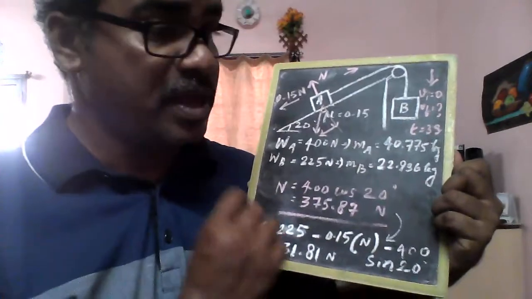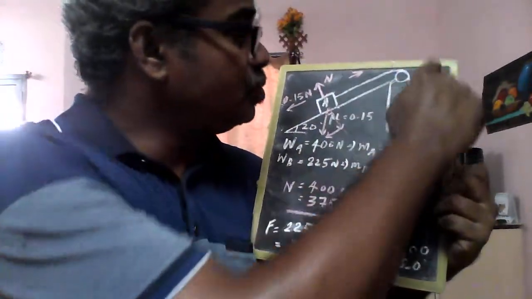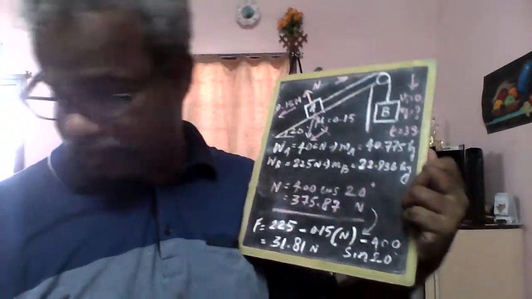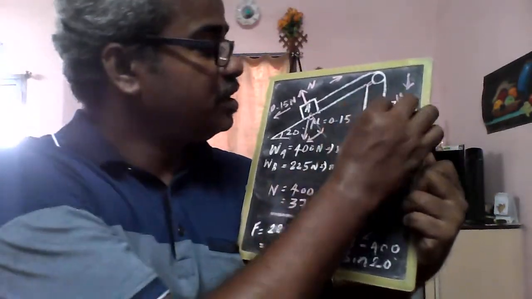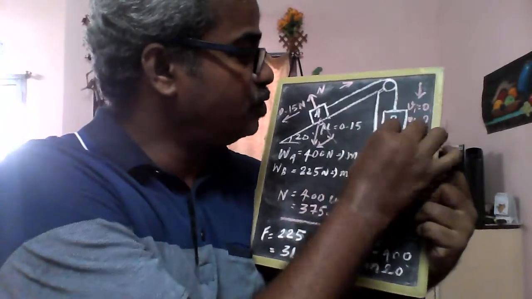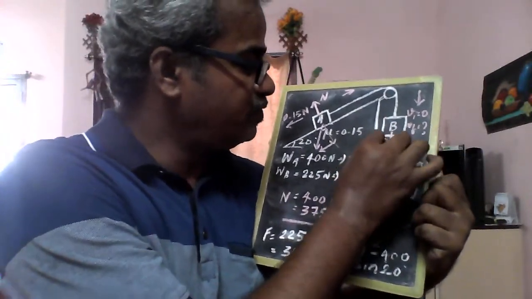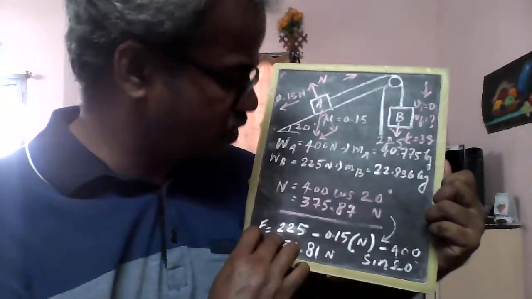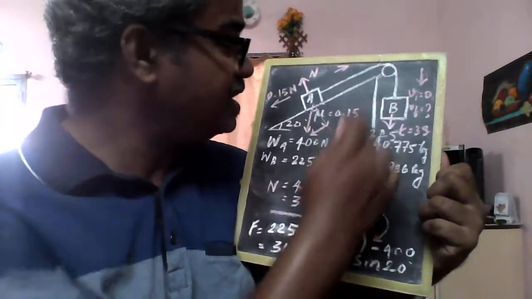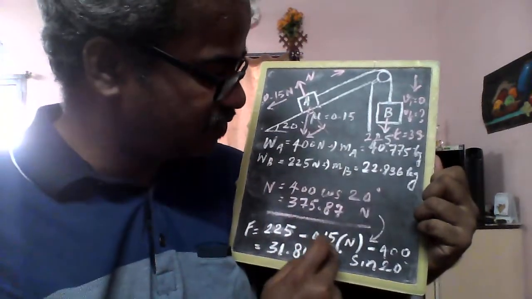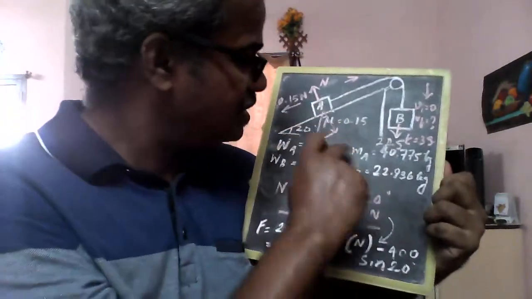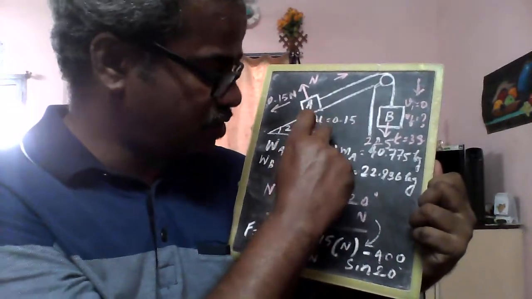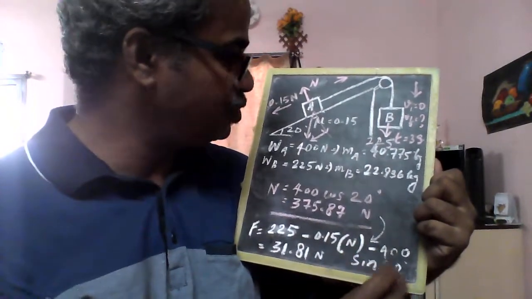Then what is the force along the movement direction? Body B is hanging downward, so that will be 225, which is positive, then minus the frictional force, 0.15 N, then minus the weight component, 400 sin 20.